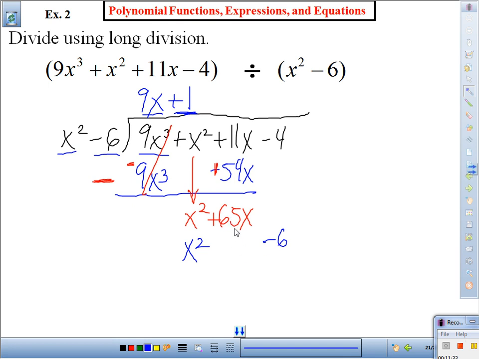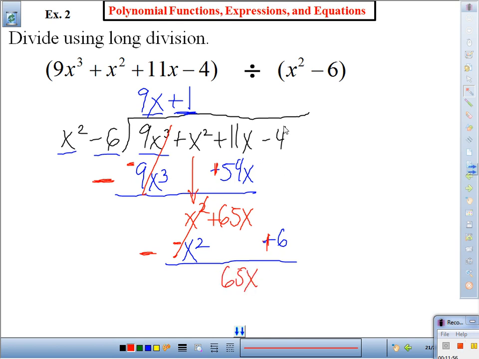I don't write it under here because that's an x. I'm going to subtract. Why? Because I need to see it to make sure this is the opposite, which is a negative, and this is the opposite, which is a positive. So this cancels.